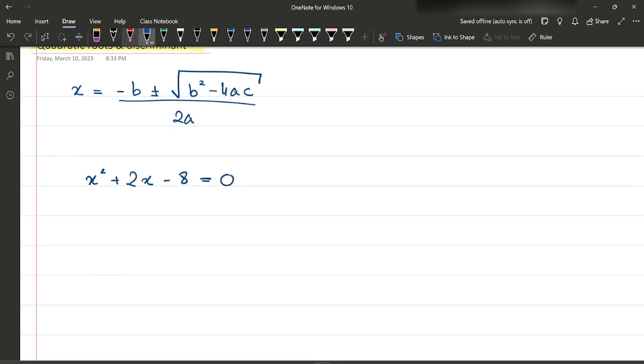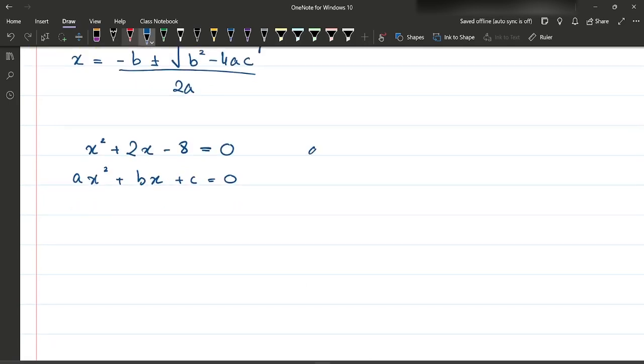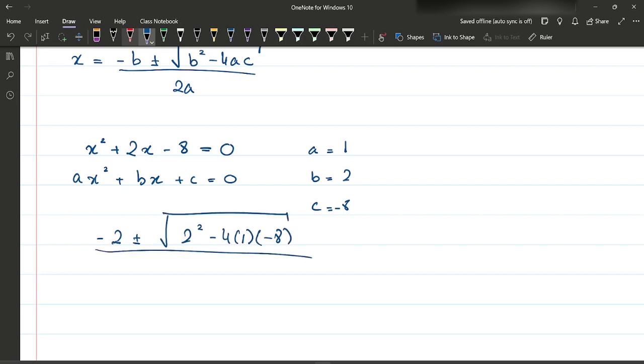Okay, so this is equal to 0. Like we said before, ax squared plus bx plus c equals 0. So a is equal to 1, b is equal to 2, and c is equal to minus 8. So let's put it in. Minus 2 plus or minus the square root of 2 squared minus 4 times 1 times minus 8, all over 2 times a.